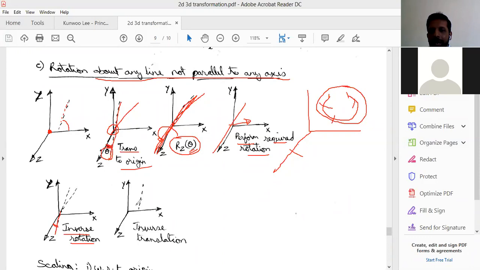And then the last step is to move it back to its original position. That is nothing but the inverse translation. So after rotation, that rotated object should be moved to its original position. Whatever was the distance from the x, y, and z axis, put it back into that same place.